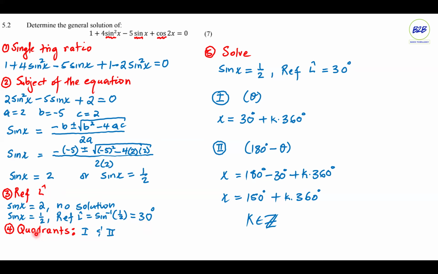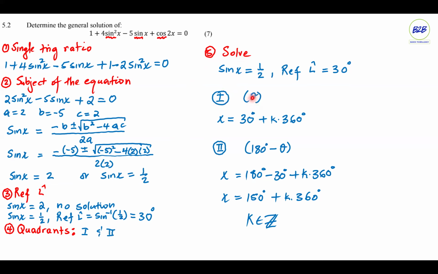And then for selecting quadrants, we use the sign of the constant. Sine x equal to half, that is positive. Therefore, sine is positive in the first and the second quadrant. And then we solve our problem. In the first quadrant, we have theta.